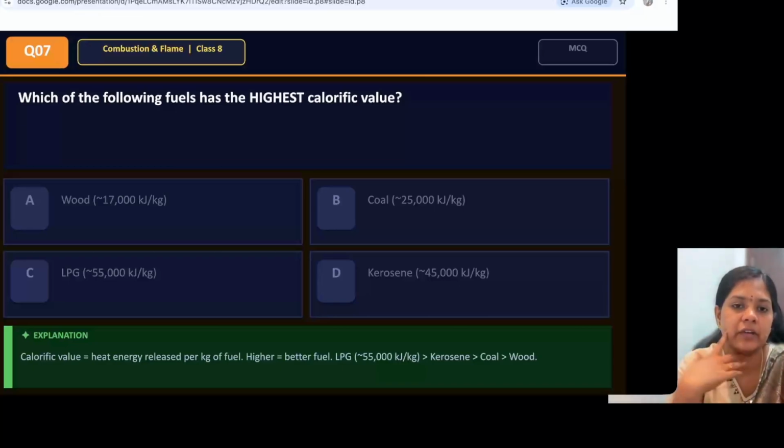The higher the calorific value, the better the fuel. Do you remember, can you give the options in the correct order of calorific value? Try. LPG is greater than kerosene, greater than coal, greater than wood.